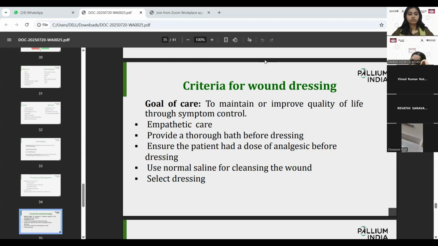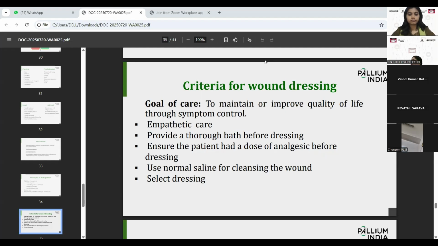Then you have to give a thorough bath before dressing. Then only the bacterial colonization, other infections, and infestations of eggs or maggots will be removed from the body. Then ensure the patient has had a dose of analgesic before dressing.